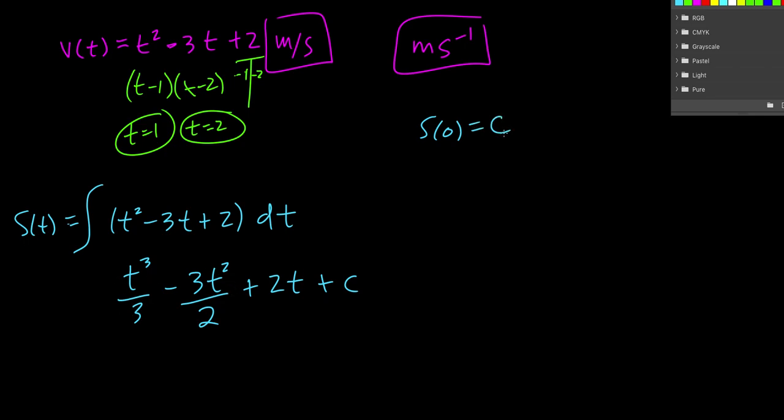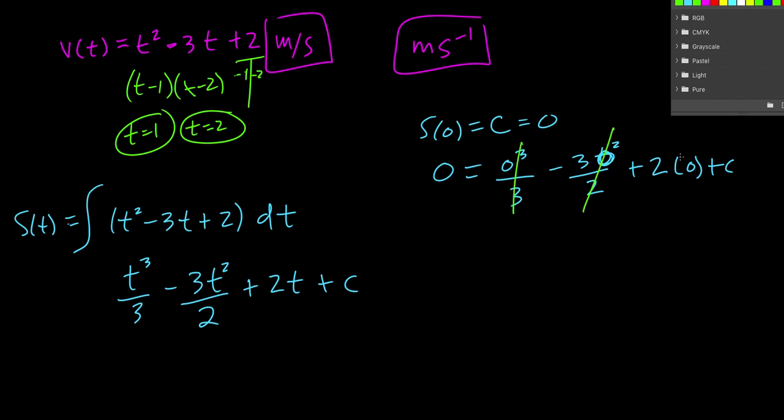So it's just equal to c, where c is 0, because we're basically plugging in the origin, since we're assuming that's where this started. That goes to 0, goes to 0, goes to 0, so c ends up equaling 0.